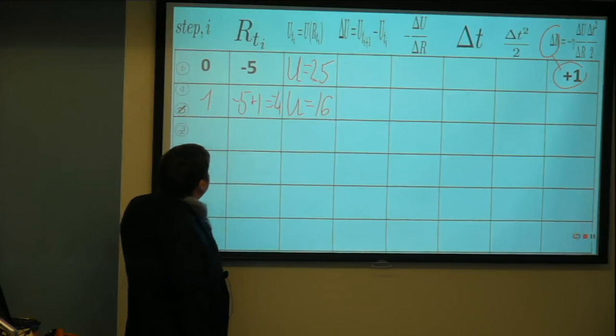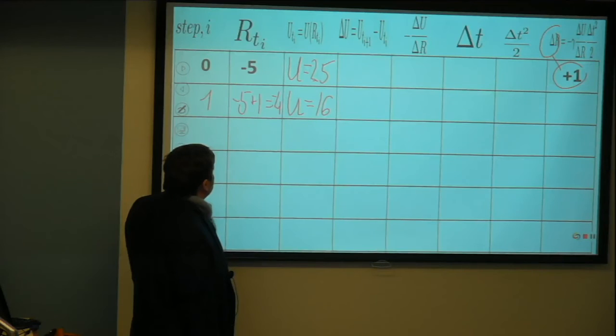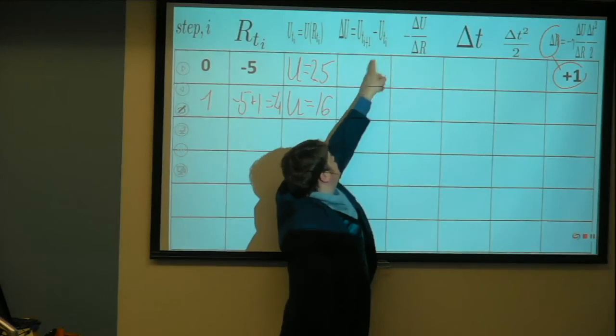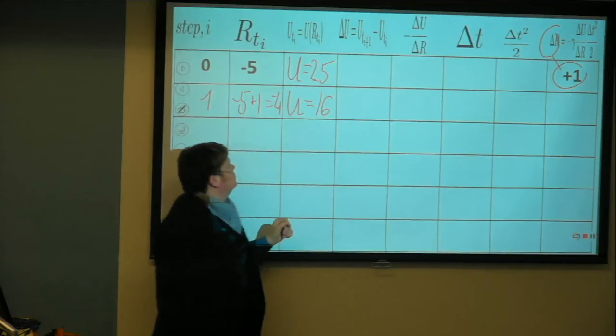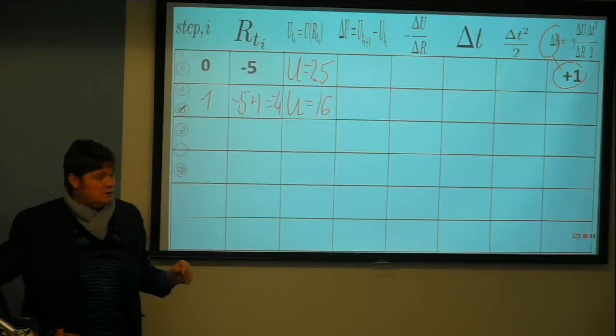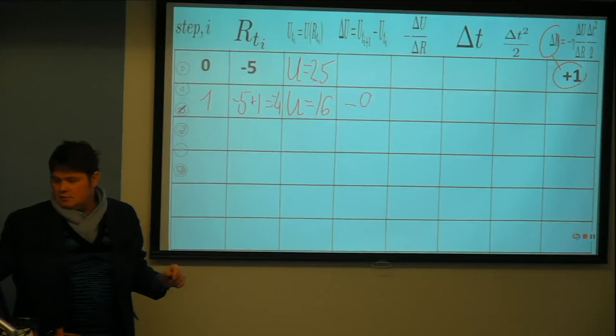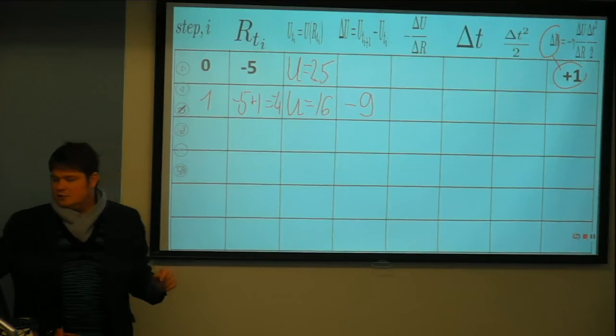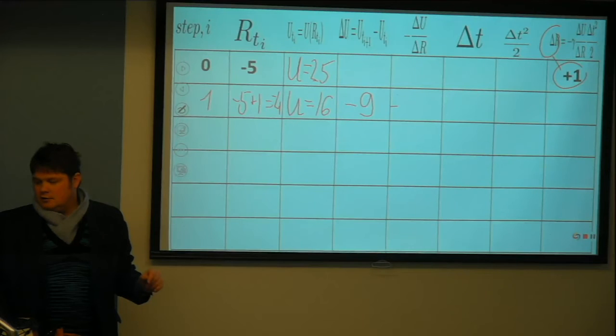So if we define it as new minus old, 16 minus 25 equals minus 9. Now, delta U divided by delta R, with a minus sign: minus 9 divided by plus 1 equals plus 9.